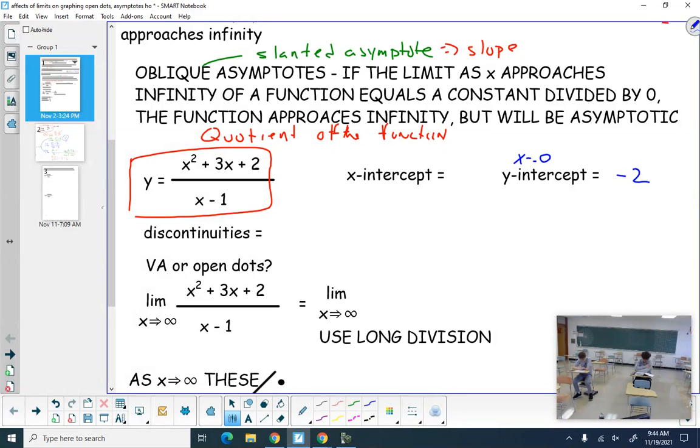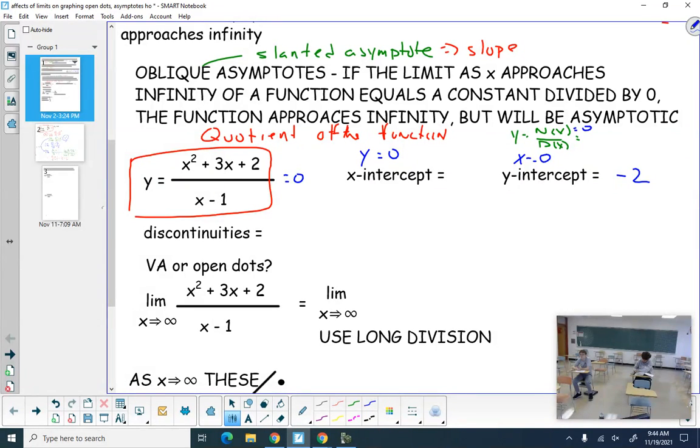Now the x-intercepts of a rational expression. Once again, our x-intercepts are determined by where y is equal to 0. So we're determining what makes this equal to 0. But when we're talking about a fraction, we have a numerator and a denominator. What makes a fraction equal to 0?